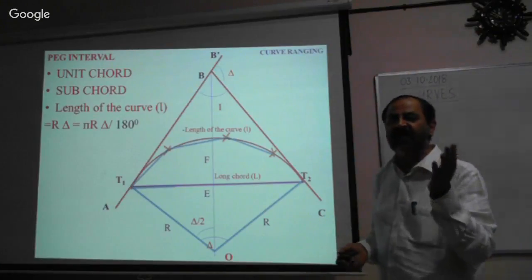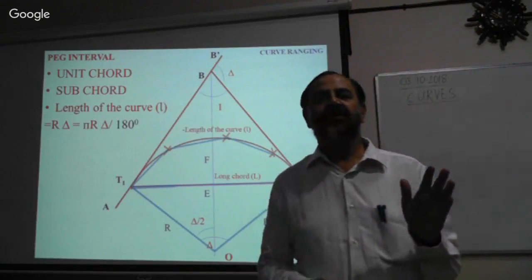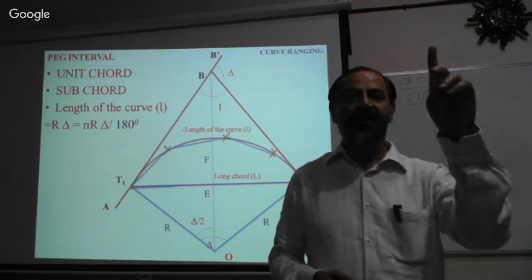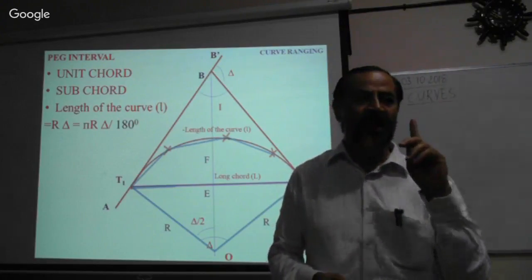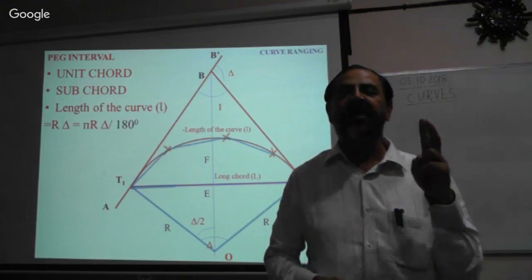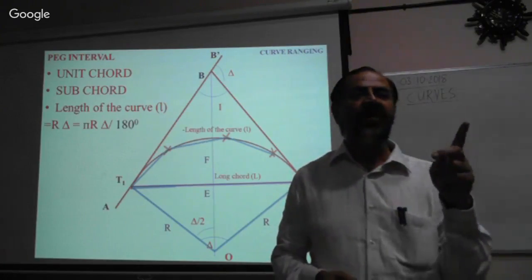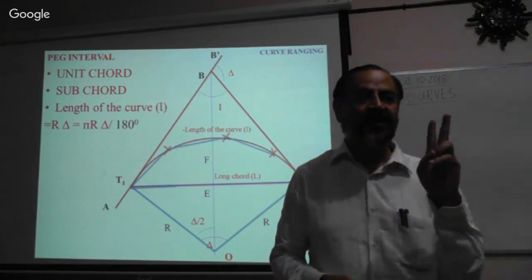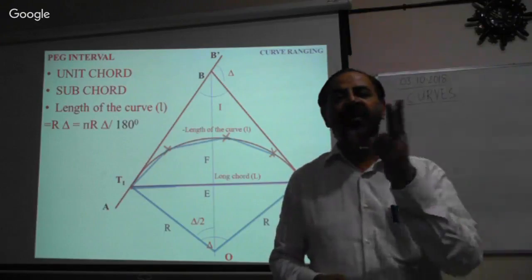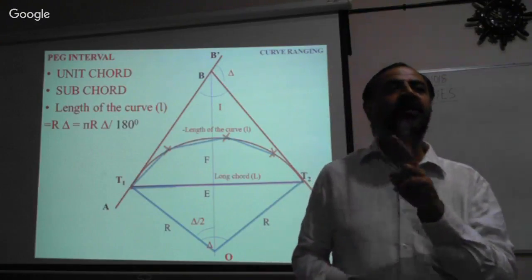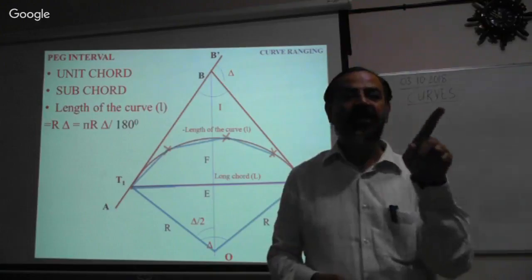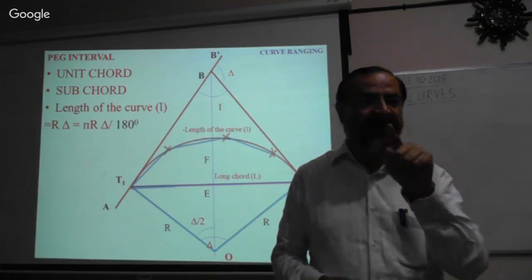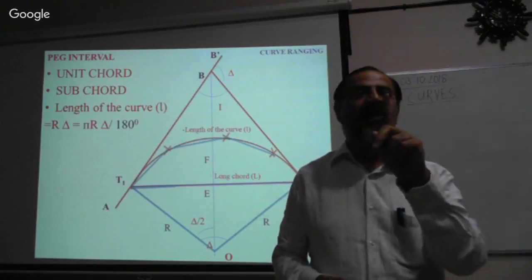Suppose the curve length is 345 meter and we are dividing it into 20 meter unit cards. How many are we going to get? 345 divided by 20 is 17 plus 1 sub card of 5 meter.